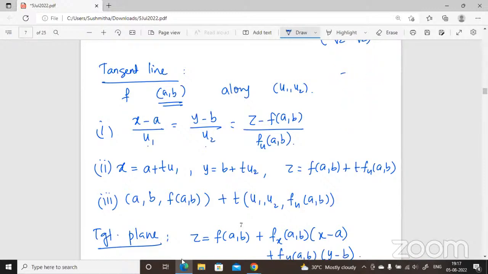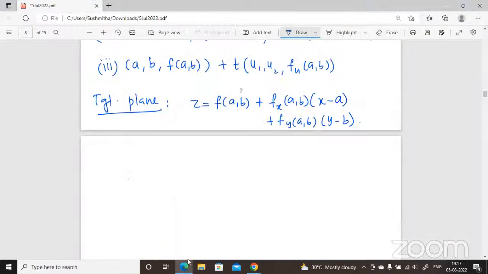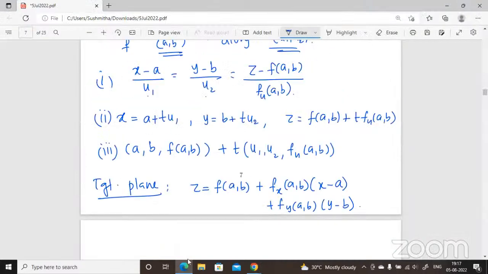Okay. Fu of AB is the directional derivative, madam, or what is that? Yeah. The directional derivative along this direction at the point AB. Okay. When you say Fu of AB, is it like AB projected onto U?